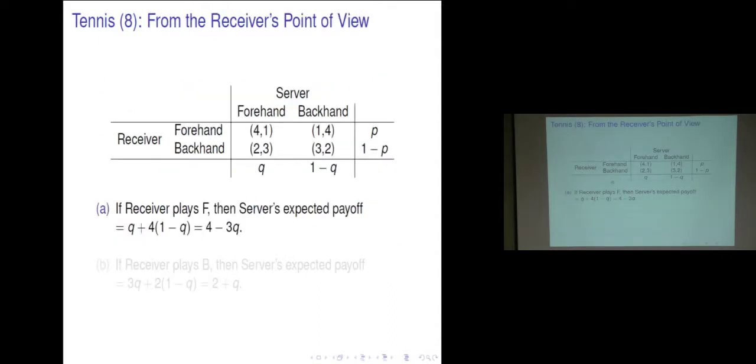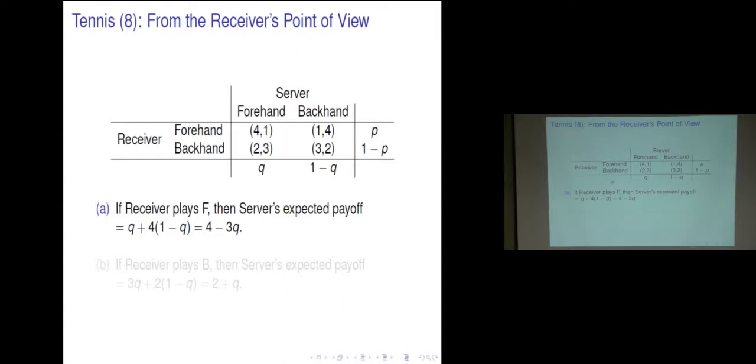Now we can look at the same thing from the server's point of view. Now things are more or less symmetric, so I'll go through this rather quickly. I should have changed this, so it should be the other way.